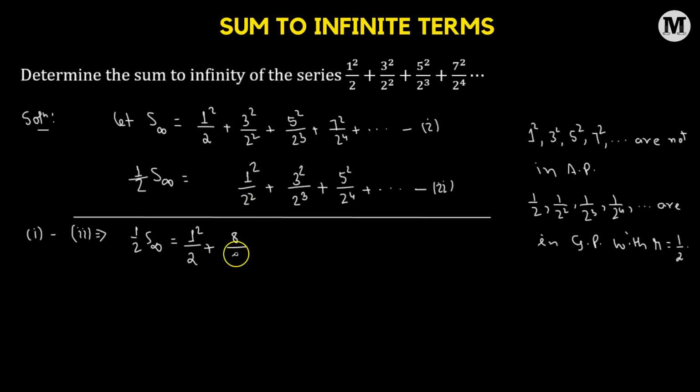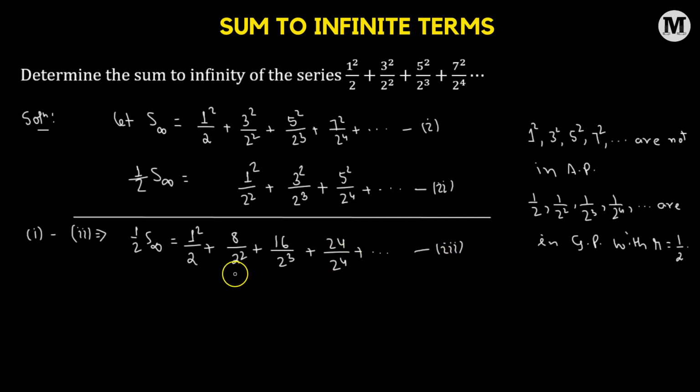So we have 8 over 2 squared. Added to, next we have 5 squared. So 5 squared, that's 25. 25 minus 9, so that's going to be 16. So we have 16 divided by 2 cubed. Added to, so 7 squared, that's 49. 49 minus 25, so that's going to be 24. So we have 24 divided by 2 raised to the power of 4 plus the rest of the terms. So let's name this as number 3.